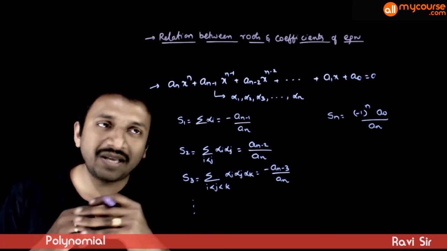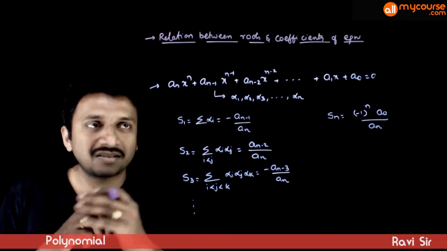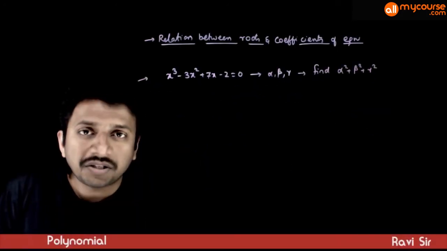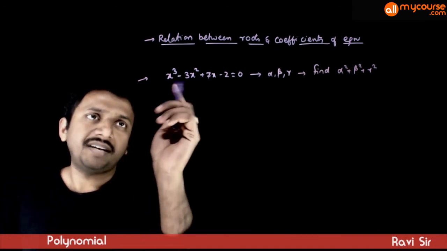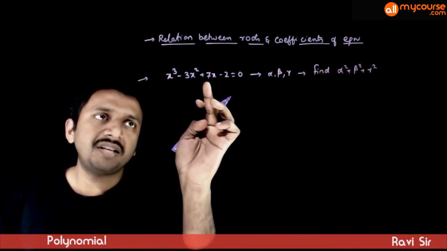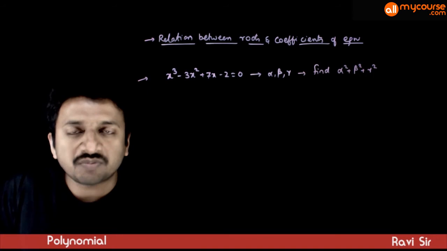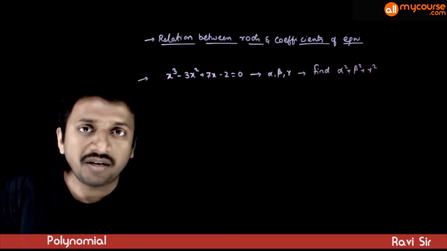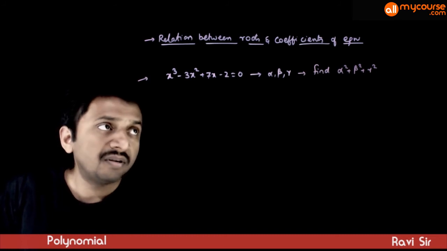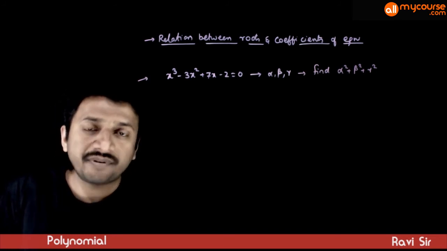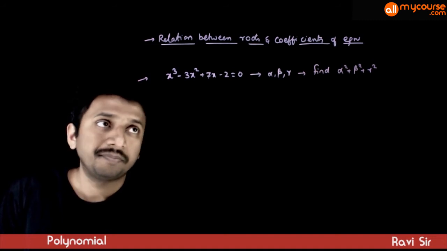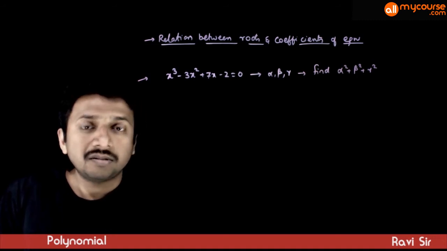So let us take some examples and practice this concept. The question given is that x cube minus 3x square plus 7x minus 2 is equal to 0 has roots alpha, beta and gamma. You are asked to find alpha square plus beta square plus gamma square. So how do we do this?